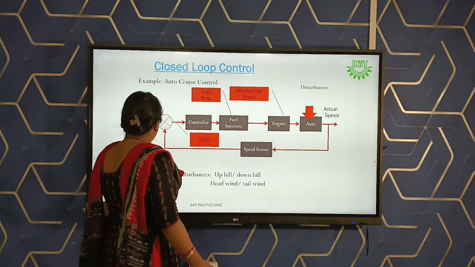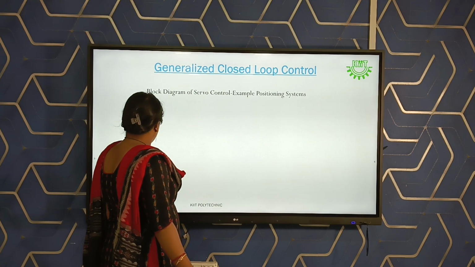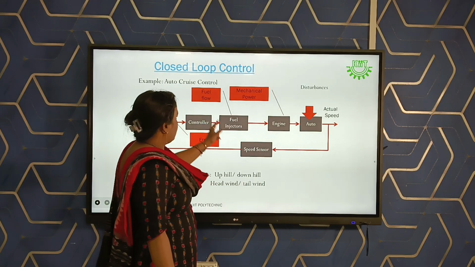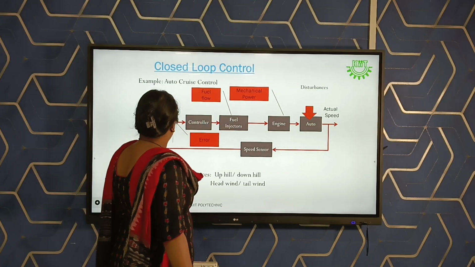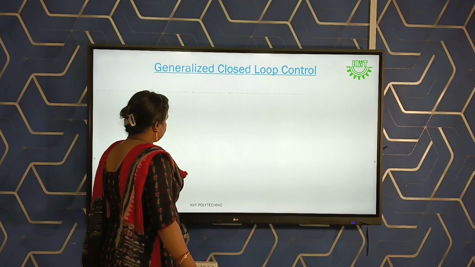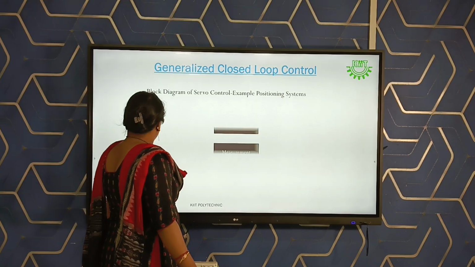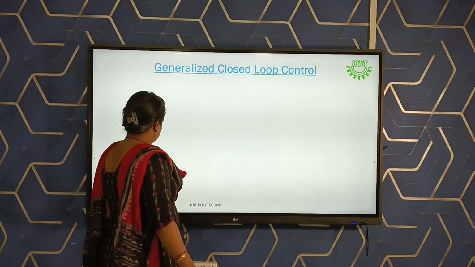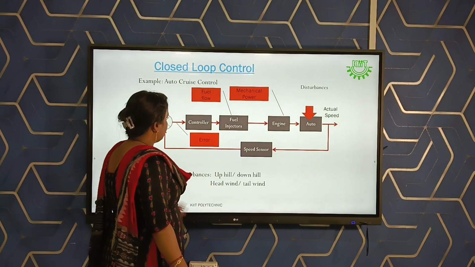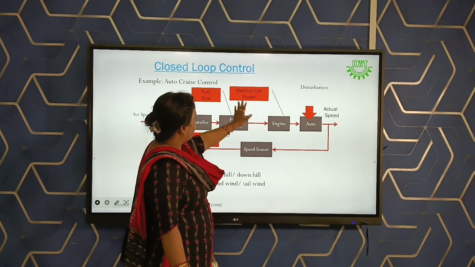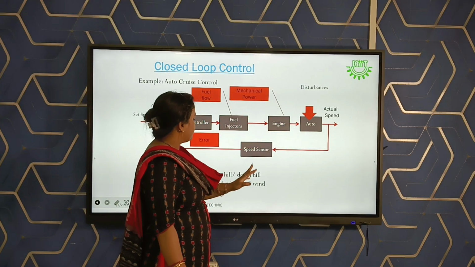Okay, so next one, here we can say that there will be flow of water, mechanical power, disturbances, actual speed.